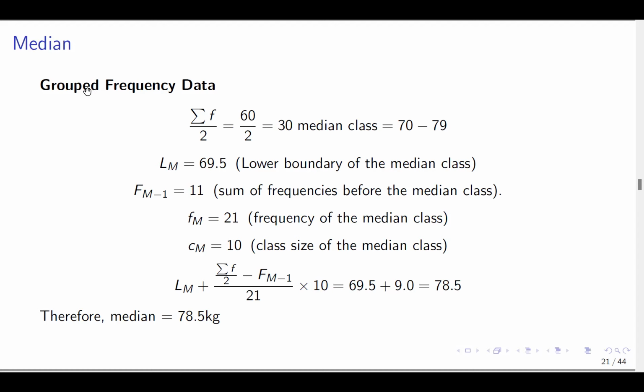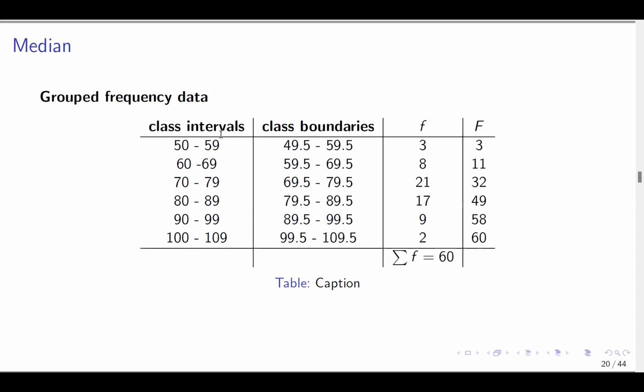All right. So for group frequency data, first of all, you need to know your median class. How do you know the median class? The total of our frequency is 60. So 60 plus 1 is 61. 61 divided by 2 is 30.5.